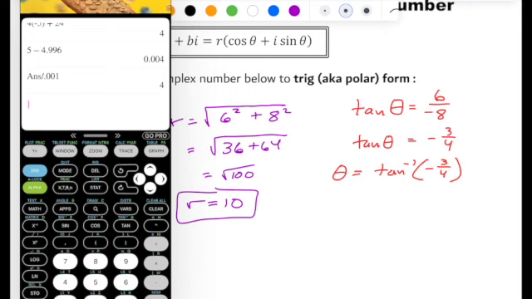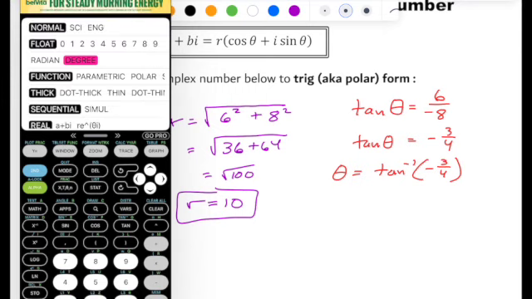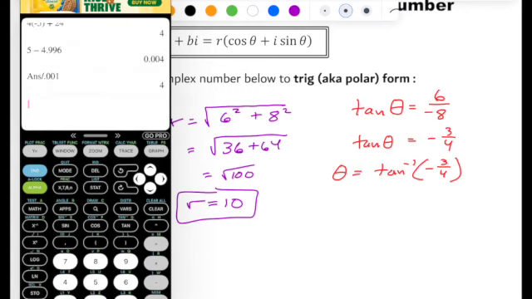I'm going to clear this out here. I'm going to make sure I do it in degrees first. I feel like degrees are a little more logical sometimes, at least initially. So if I do inverse tangent of -3/4, and I'm in degree mode, it shouldn't be a big surprise to you that your calculator is using the arctan function.